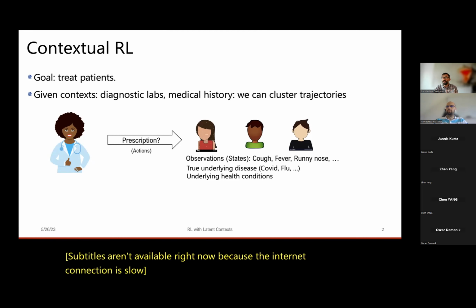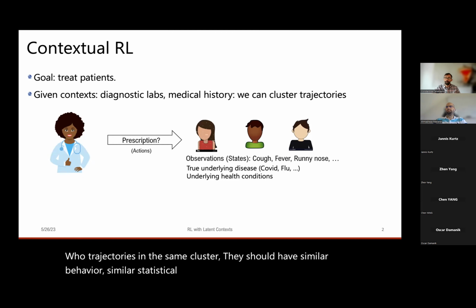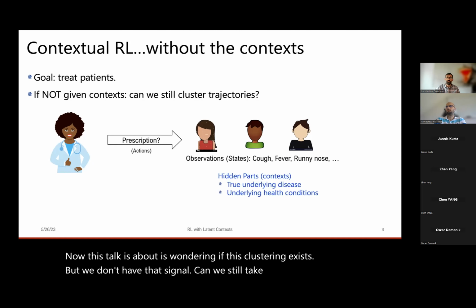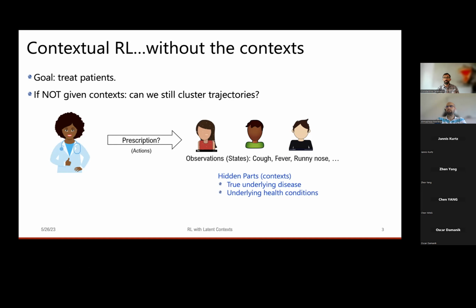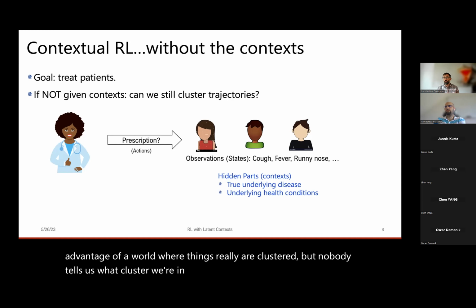By clustering, I mean that two trajectories in the same cluster should have similar statistical behavior. Now, this talk is about the case where this clustering exists, but we don't have that signal. Can we still take advantage of it? So in a way, this mixture is a question of whether we can take advantage of a world where things really are clustered, but nobody tells us what cluster we're in, to do better.